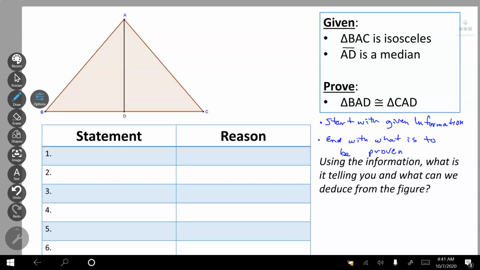Okay, so let's go through what we can do. I always start with the given. Triangle BAC is isosceles. What's the reason? Given. AD is a median.